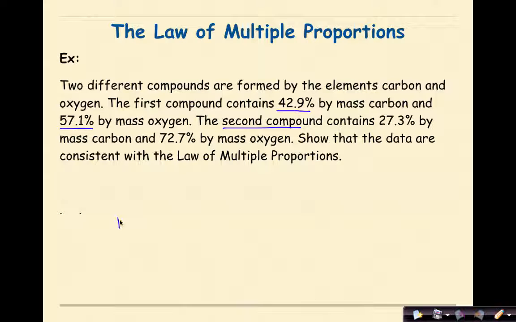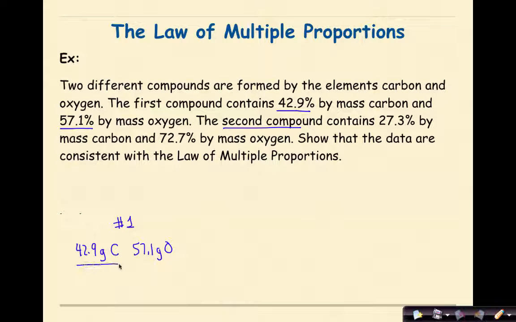So I have sample number 1 right here, and I'm going to have 42.9 grams, because I'm just going to assume that this is out of 100 grams of carbon, and 57.1 grams of oxygen. And like I did before, I'm going to look at the ratio of carbon to oxygen.